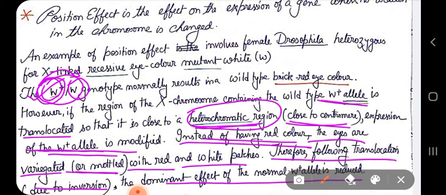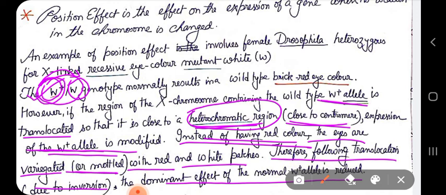So if the W plus allele is placed close to the centromeric region, the expression of the W plus allele will be hampered, or affected, and thus that type of fly, even though it has a W plus allele in its X chromosome, is placed close to the centromere, so the expression of the W plus allele is modified.